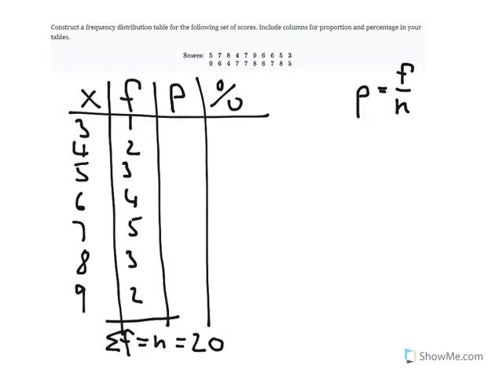So that means for the score of 3, we have 1 of them. So the proportion is the frequency of 1 over the total number, which is 20, and that is 0.05.